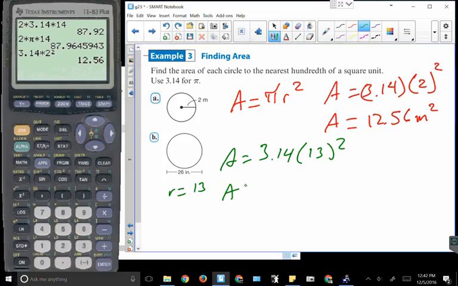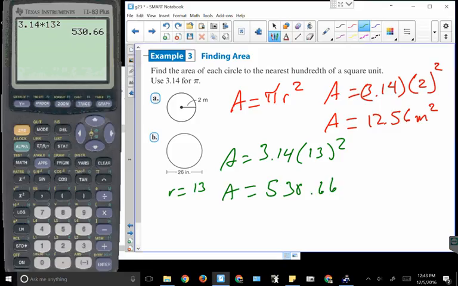So area is going to be equal to, go to the calculator, and we end up with 3.14 times 13 squared. And we end up with 530.66. We're supposed to be at the nearest hundredth, and inches squared.